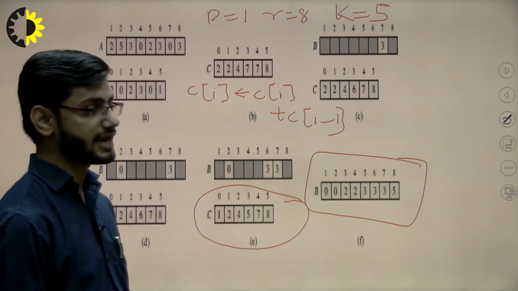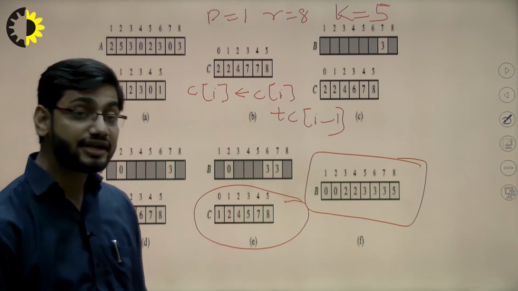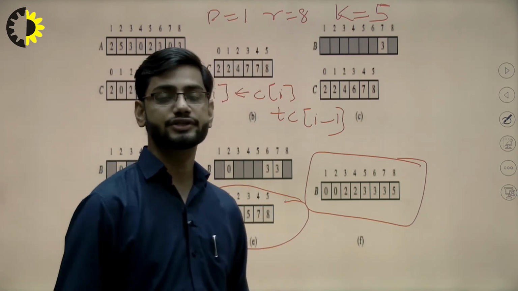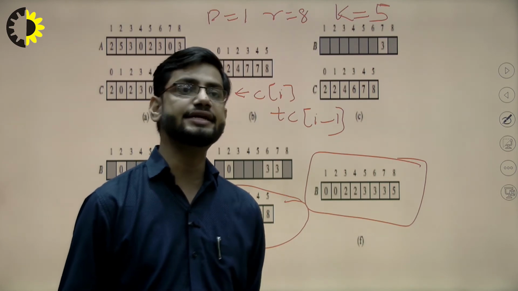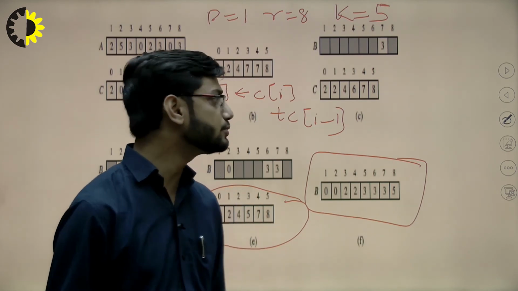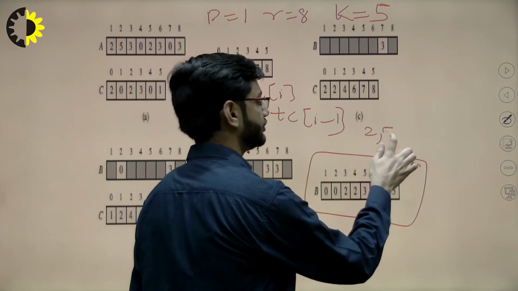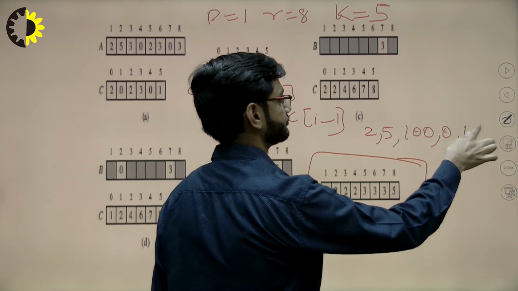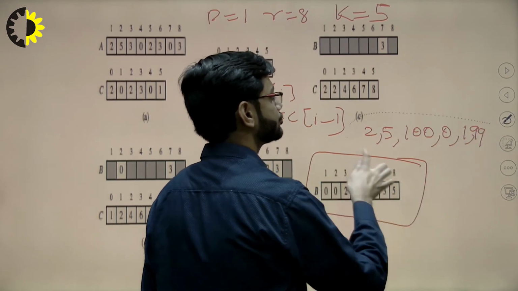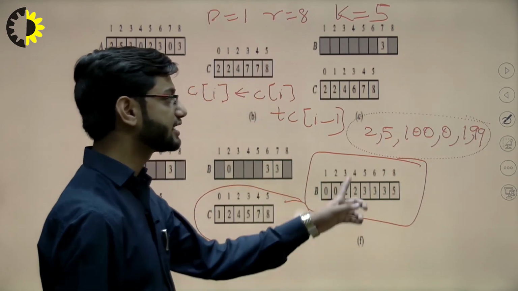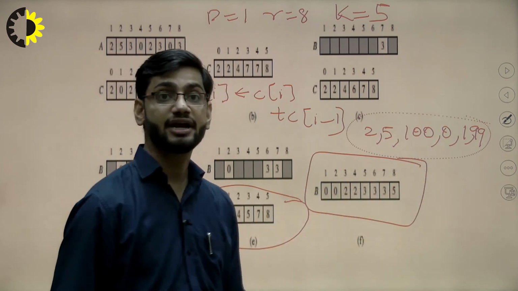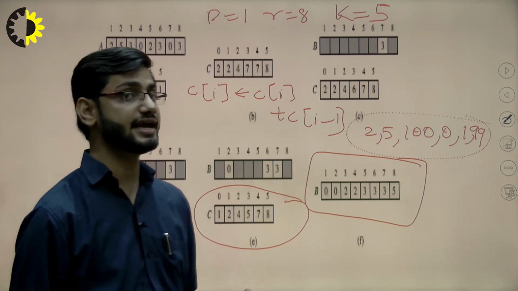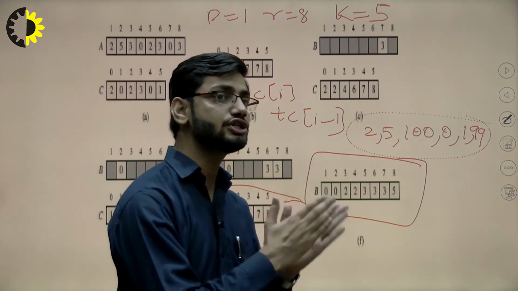Now here arises a question: what is the limitation of counting sort? The limitation is that if your array is having this kind of input, where one element is 100, then the processing array, that is the C array, will be initialized from 0 to 100.